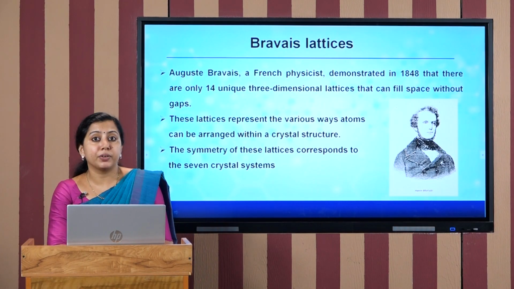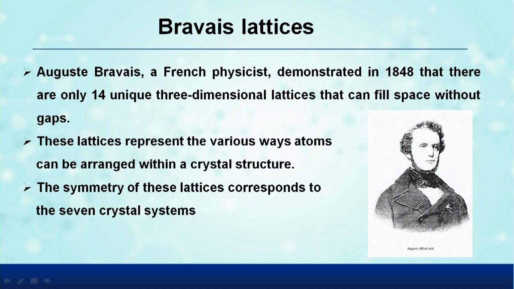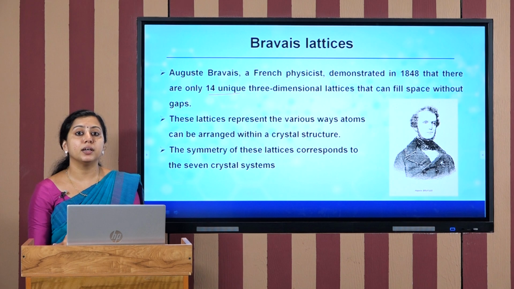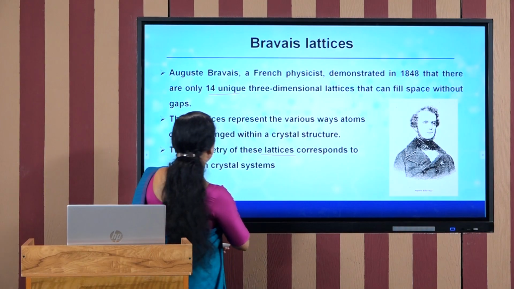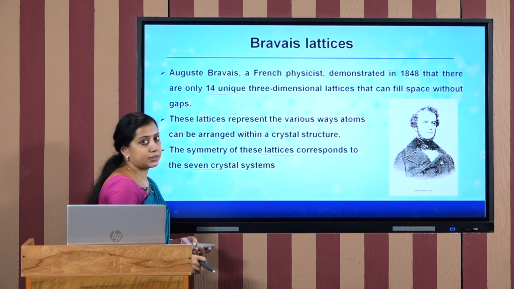Auguste Bravais, a French physicist, demonstrated in 1848 that there are only 14 unique 3-dimensional lattices that can fill space without gaps. So, these lattices represent the various ways atoms can be arranged within a crystal structure, and the symmetry of these lattices corresponds to the 7 crystal systems.